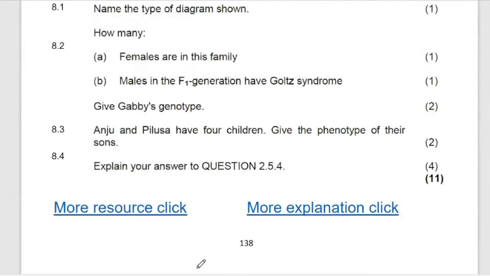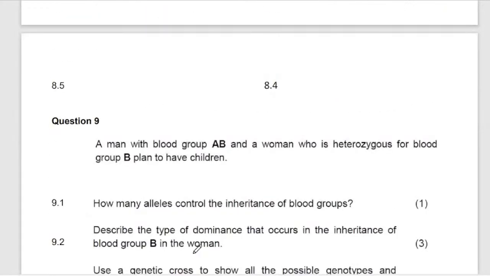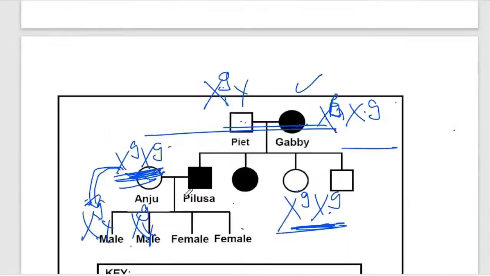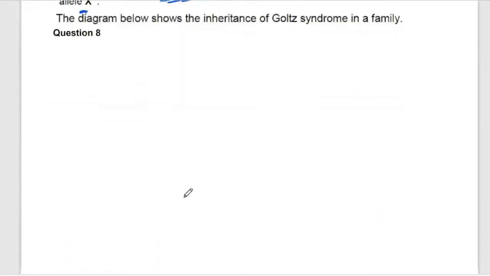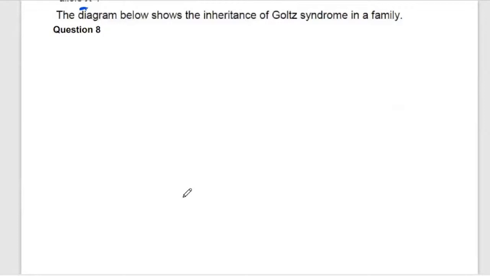So basically, that's what you need to talk about when you go to a cross which involves an autosome, non-sex linked.